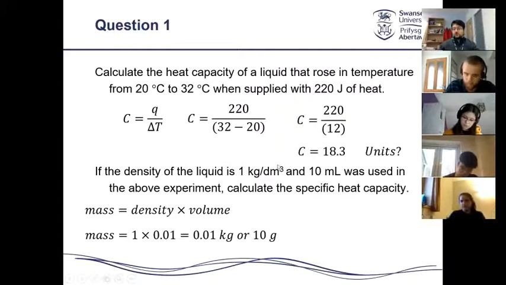And by doing so, if we first of all change mils into liters, which is equivalent to cubic decimeters, we can then work the mass of this liquid out as being equal to the density 1 multiplied by the volume in liters as 0.01, which will then give us a mass of this liquid being 0.01 kilograms or 10 grams.